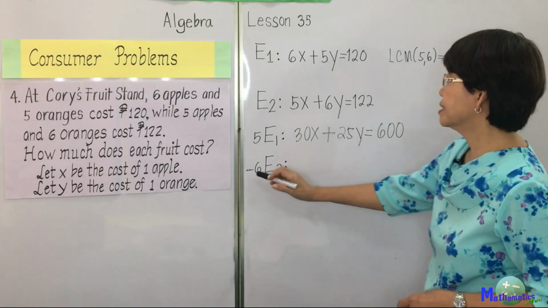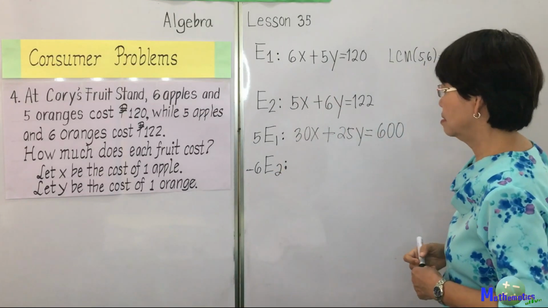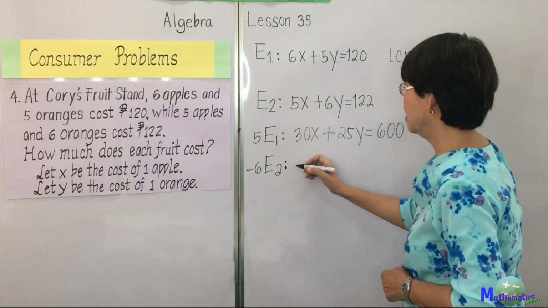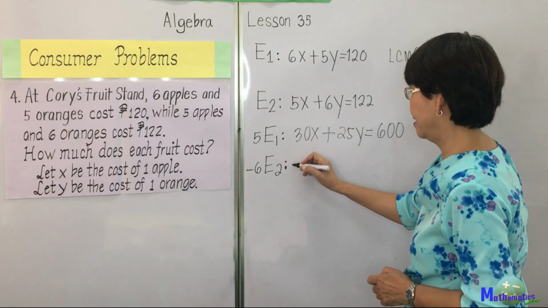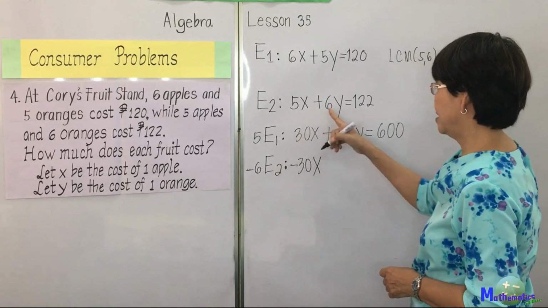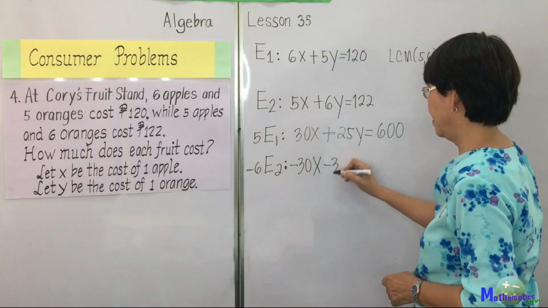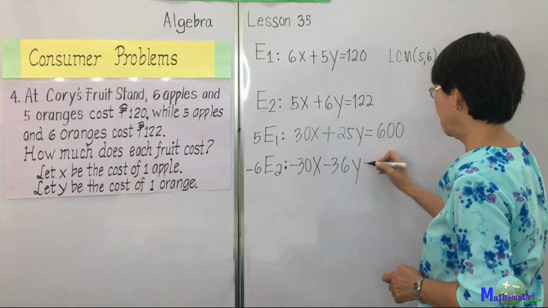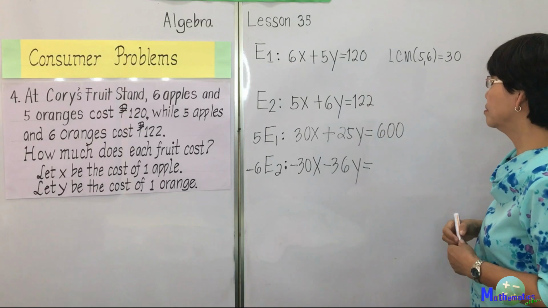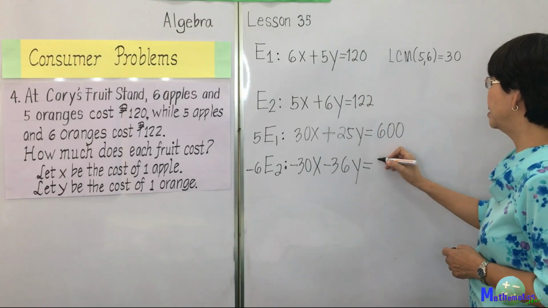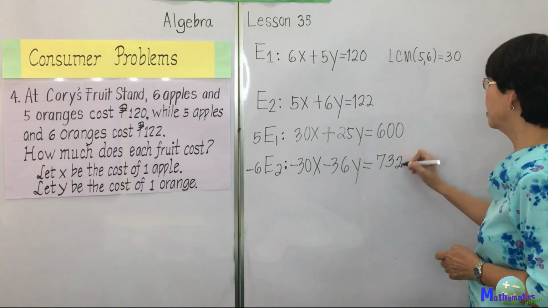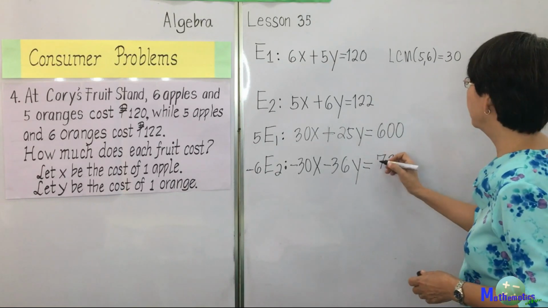And then negative 6 times equation 2, so we have negative 30x, then negative 6 times 6 is negative 36y, and negative 6 times 122 is negative 732.